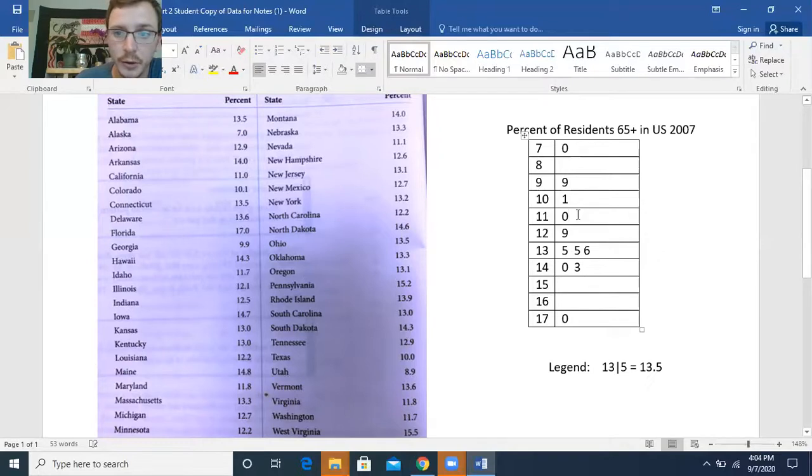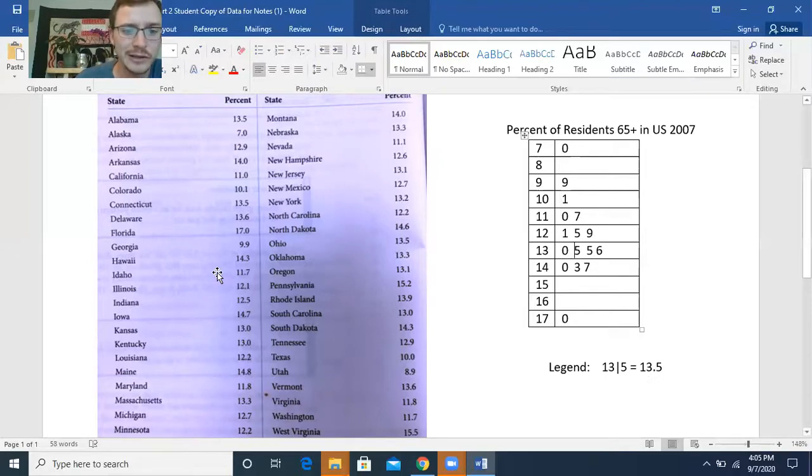Let's see, Idaho is 11.7, 12.1. And the important thing here, guys, is to make sure that your stems are in order as well. Let's see, so then Indiana is 12.5. We've got Iowa, which is 14.7. We've got Kansas, which is just 13.0.